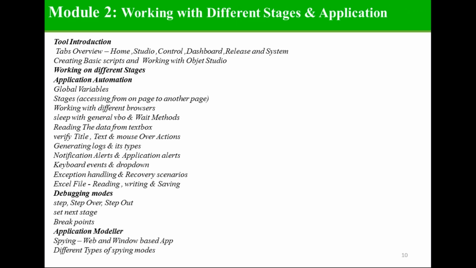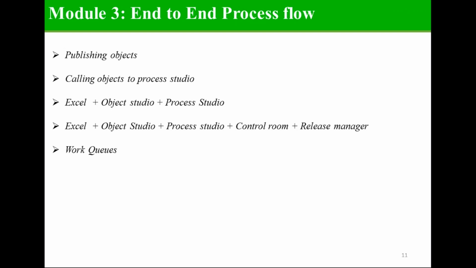In module 2, we work with the different stages and discuss the functionality of each and every stage. Module 3 starts creating end-to-end flows. It's the same concept as frameworks: if we take QTP, Selenium, or other automation tools, they have the concept of a framework.